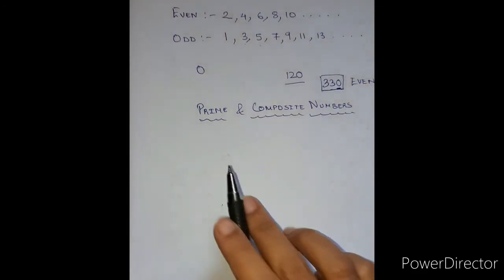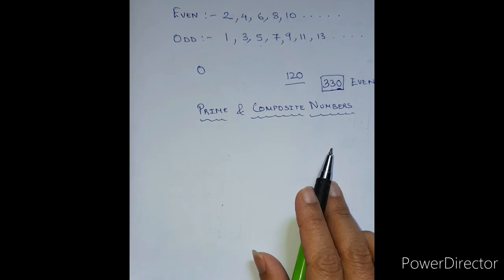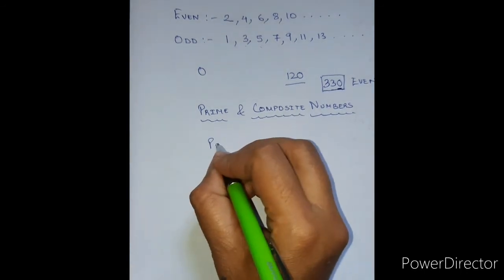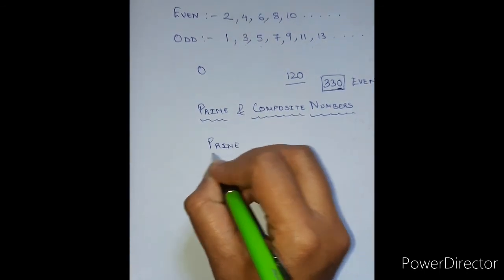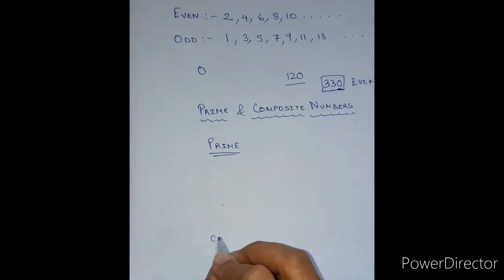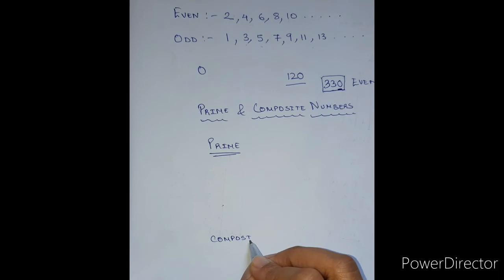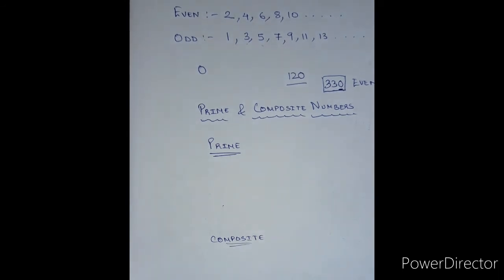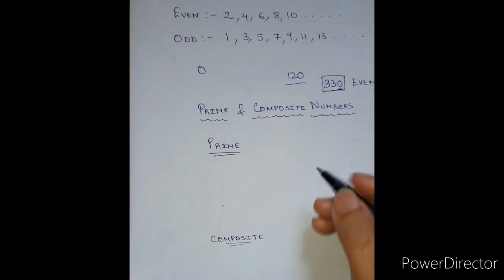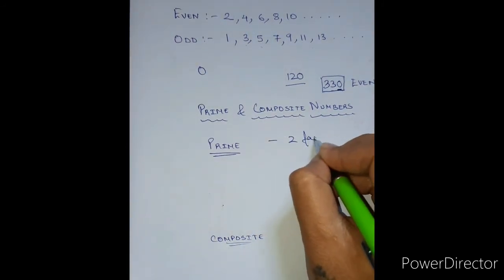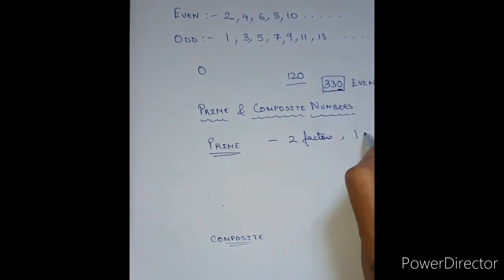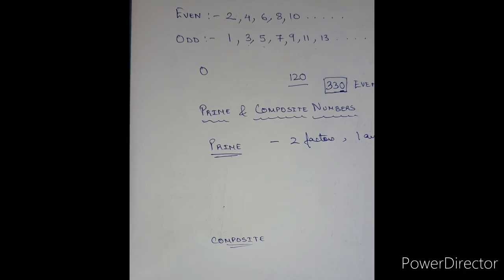Let us see what are prime and composite numbers now. The numbers which have only two factors, that is 1 and itself, all those numbers are prime numbers.